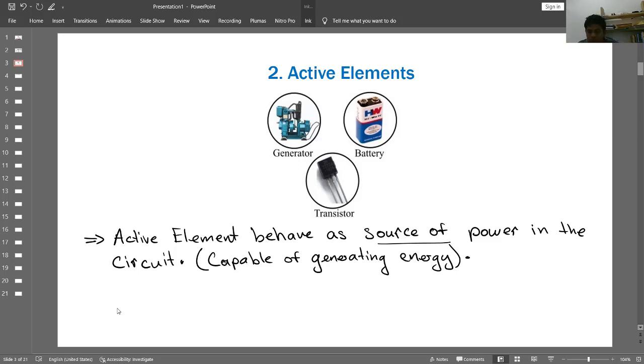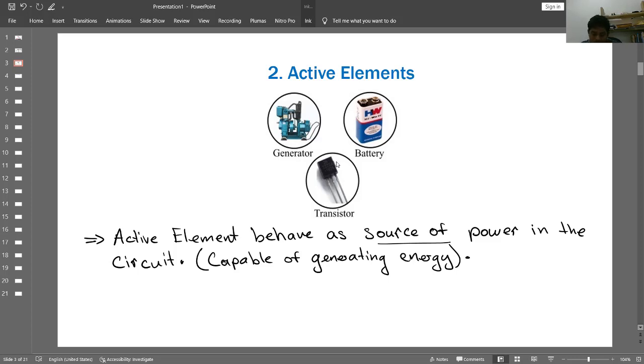So that's very important to notice the difference between an active element and a passive element, because, again, depending on the type of element that is in the circuit, that's the type of behavior or analysis we will be observing regarding that element. Okay, some examples, as I said: generators, batteries, some semiconductors, transistors, operational amplifiers, and so on. So there are many, right? In this case, we are looking at some that are the most important.